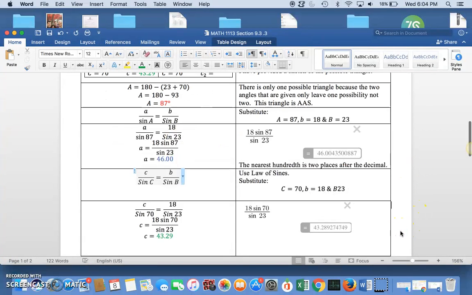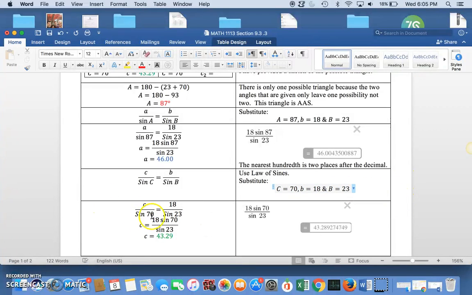You've got one thing left to find, and that is side C. Side C is to the sine of angle C, as side B is to the sine of angle B. So side to angle, side to angle. What you know is C is 70, angle C, side B is 18, and angle B is 23.